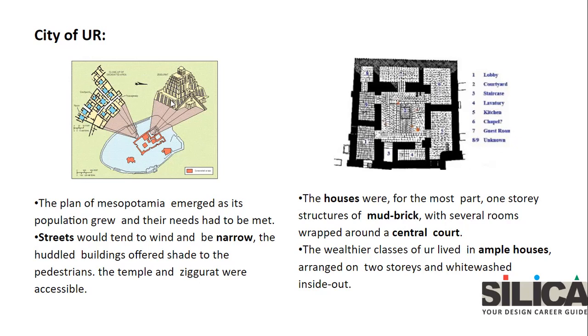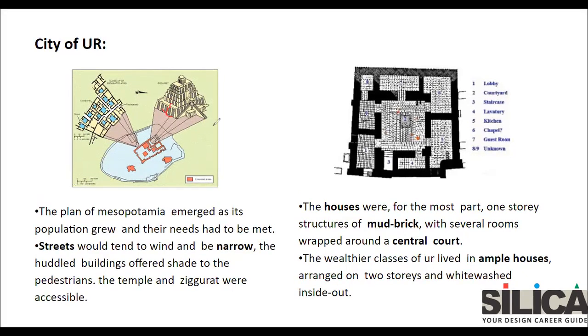So you can see this pyramidal stepped structure, which is called a ziggurat. It is a stepped pyramid-like structure with three entrance gateways with lots of steps, placed on a high platform. And these are the residential areas. The houses were for the most part one-storied structures of mud brick with several rooms wrapped around a central court.